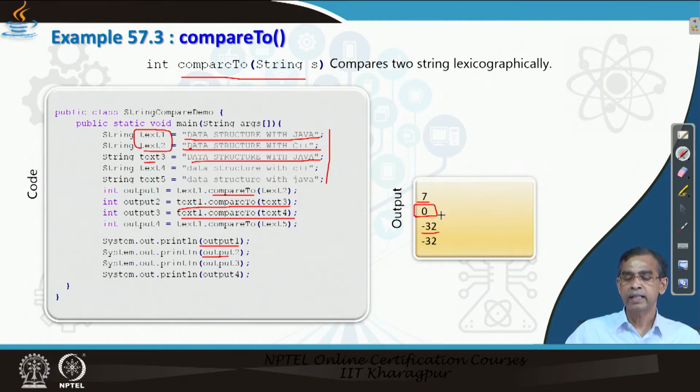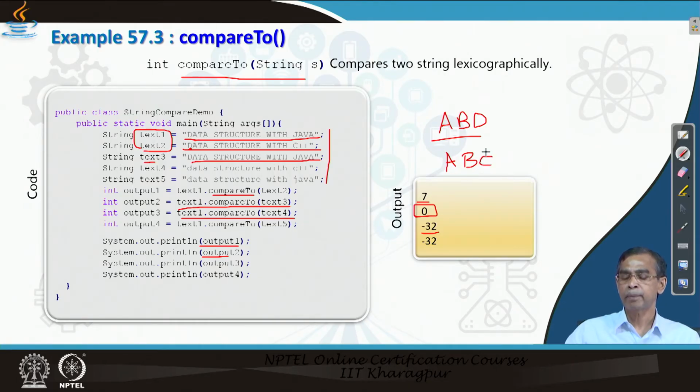Now actually the concept is that it considers the lexicographic ordering. Lexicographic ordering means, for example, A, B, D. So this is one string, and A, B, C is another.